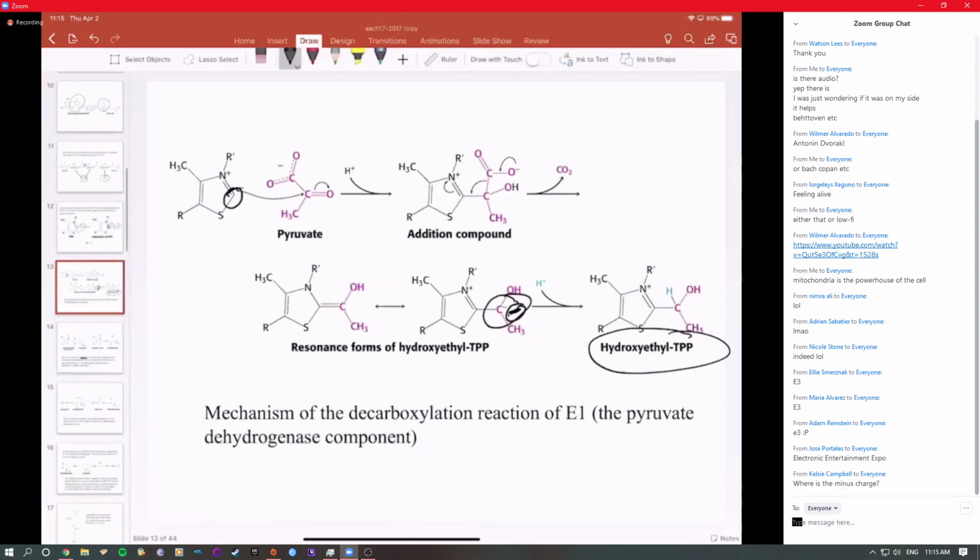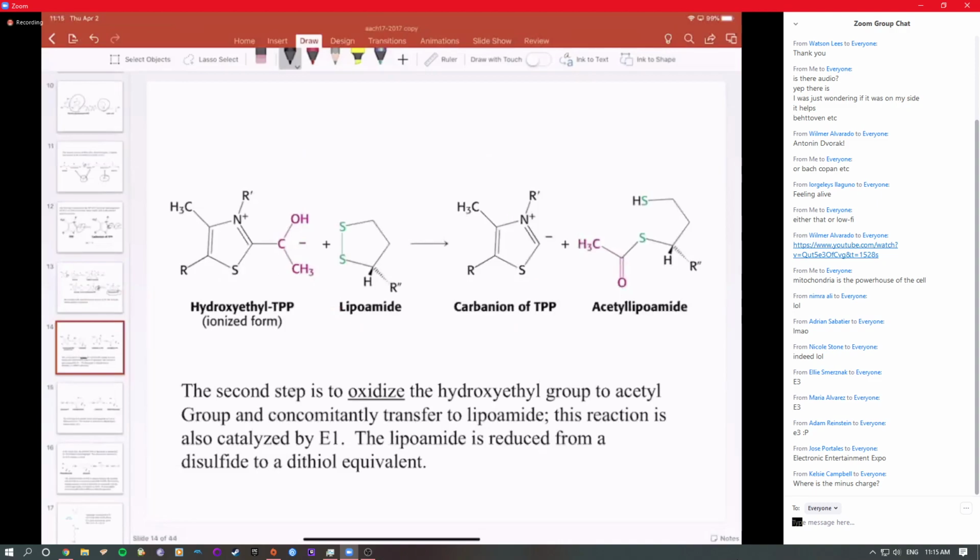So this negative charge on the hydroxyethyl TPP reacts with the disulfide of lipoamide. It then loses the TPP, and you make the corresponding acetyl lipoamide. And it is very important to understand that in this step you're oxidizing a hydroxyethyl group and you're reducing the lipoamide.